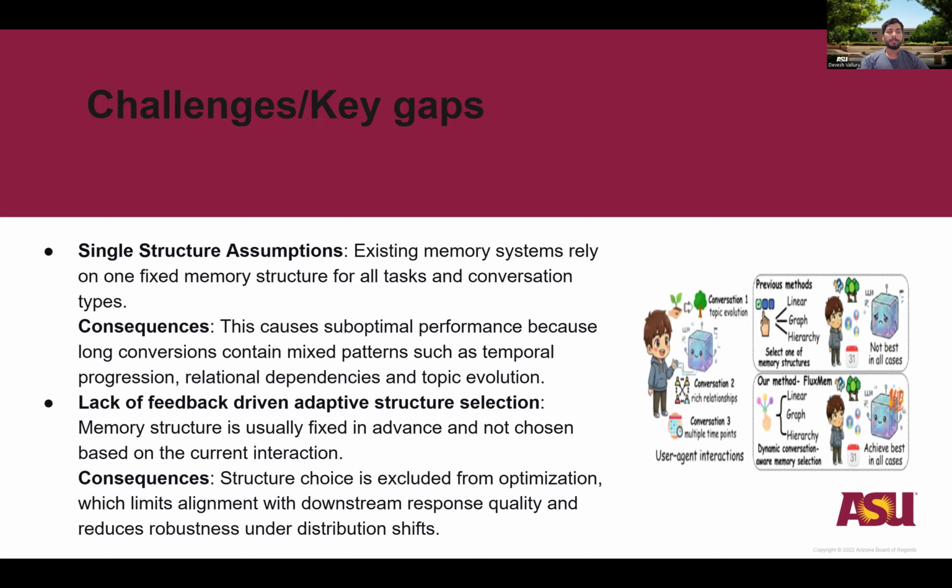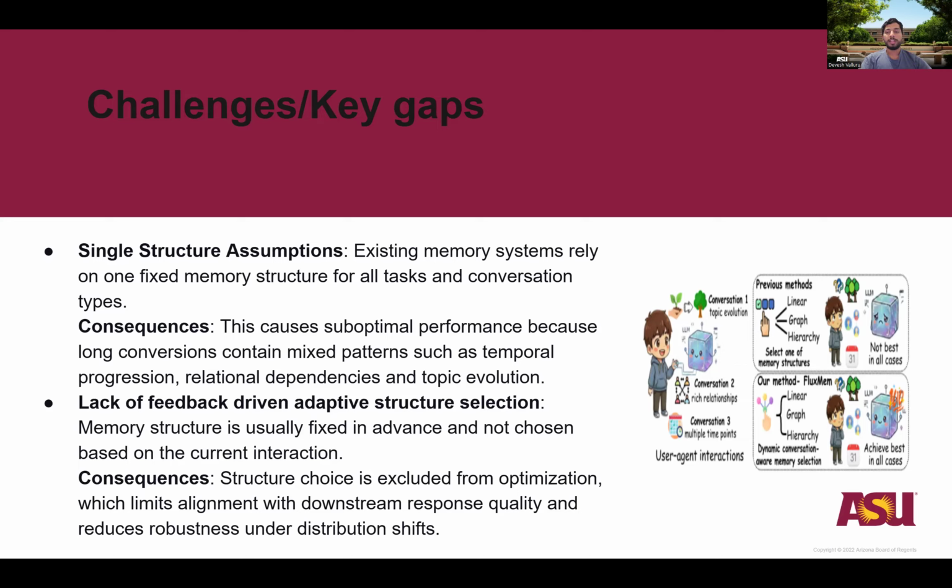Coming to the second gap, the memory structure is usually fixed in advance and not chosen based on the current interaction. As you can see in this diagram, there is a query, and in the previous systems the structure was pre-selected, either linear, graph, or hierarchy. If we select graph and we give some time series data, then the LLM agent doesn't perform well.